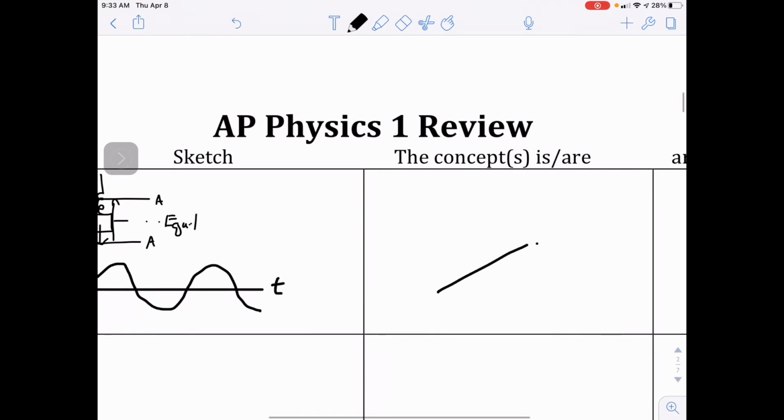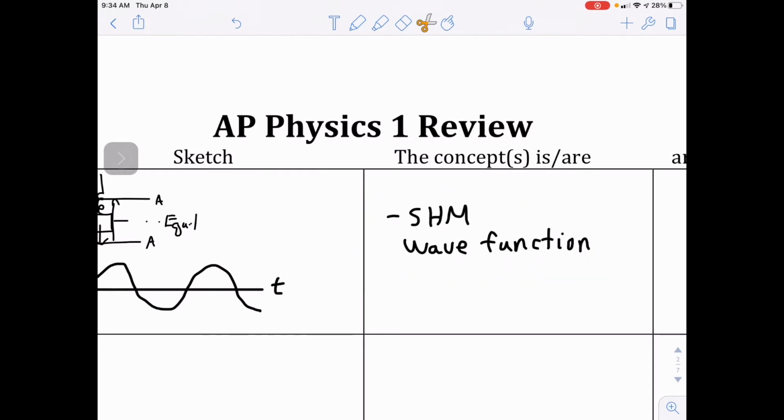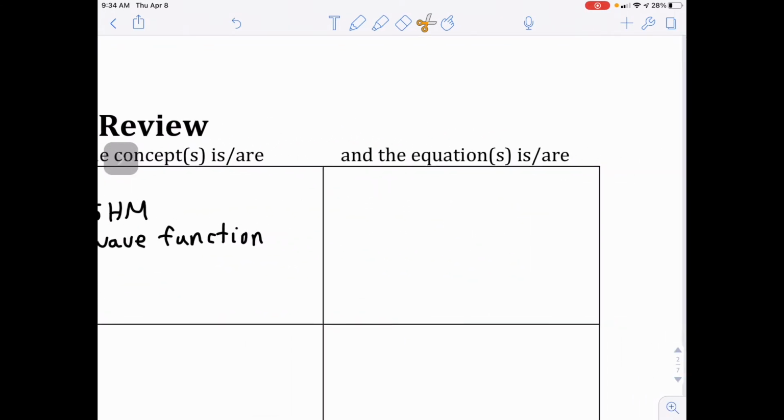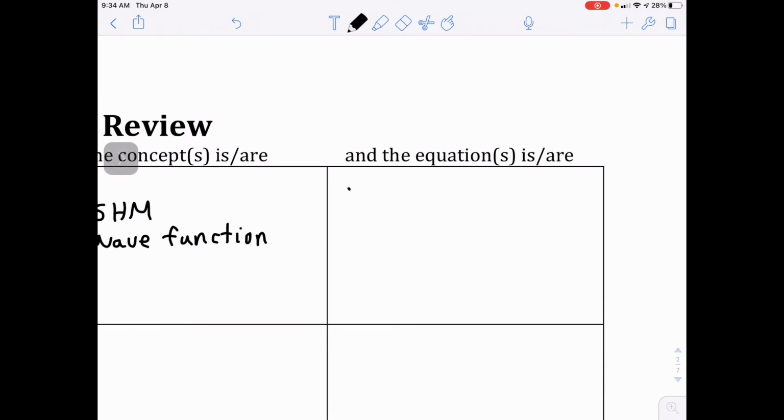This is again a simple harmonic motion wave function, but this time the function would be a sine omega t instead of a cosine omega t, where omega is still 2 pi over the period.